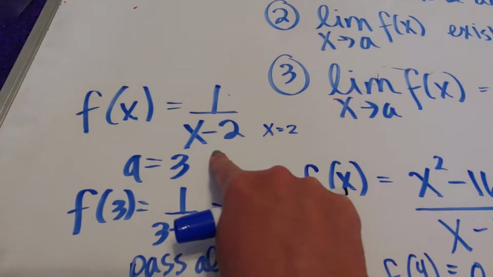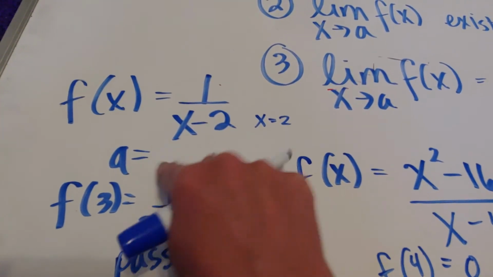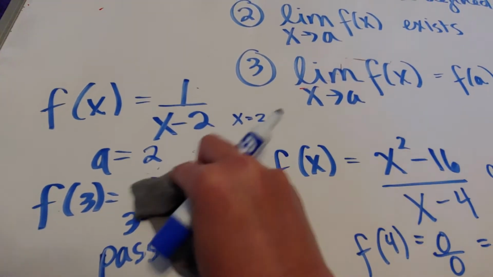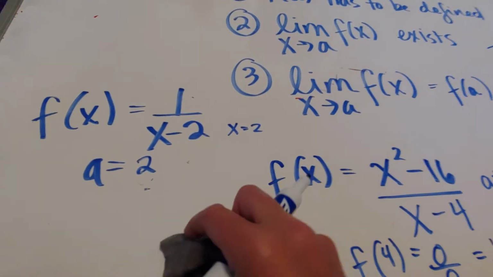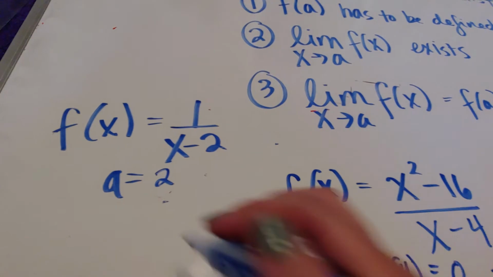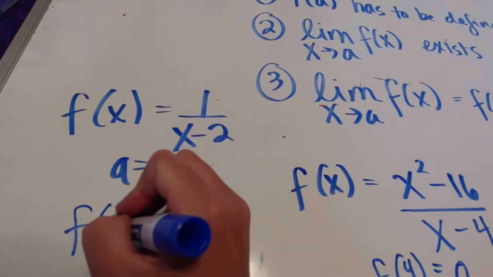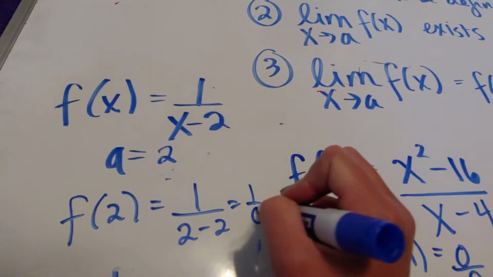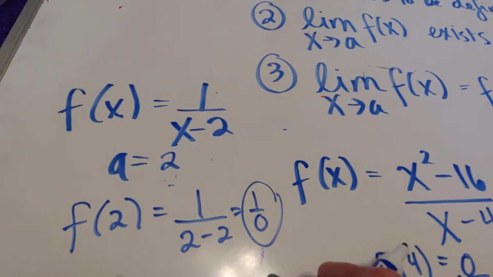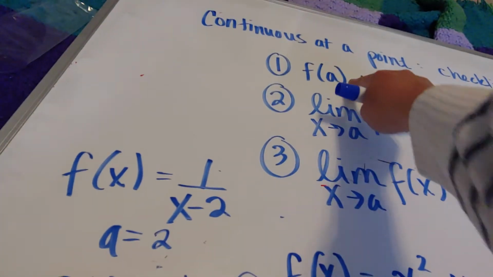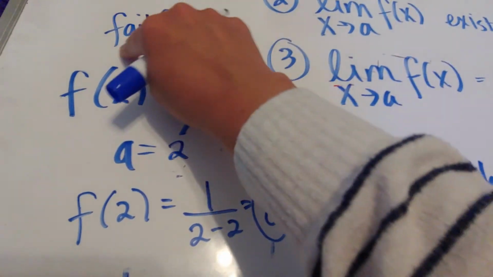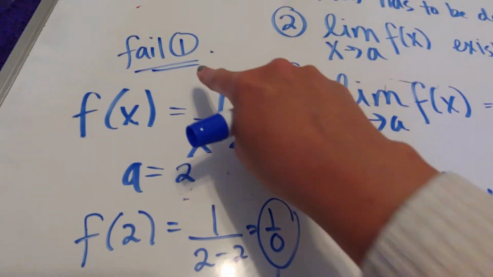What if I go over here, and instead of asking about a is 3, I ask about a is 2? What happens when I plug in 2? It's undefined. So I fail at 1. Boom.